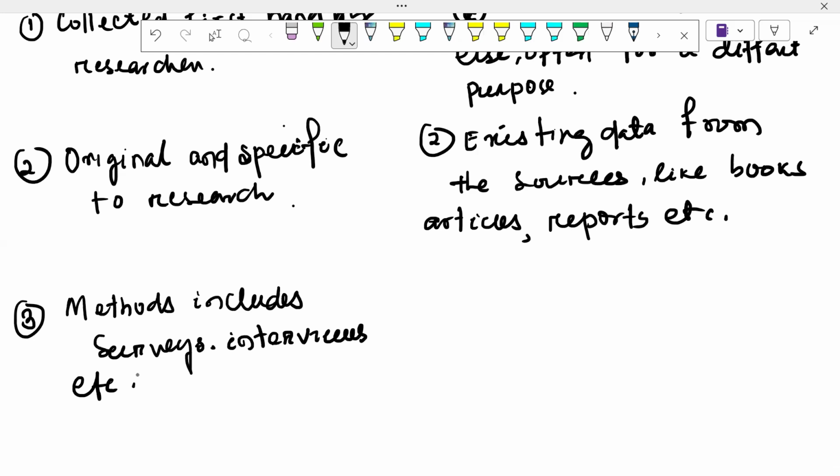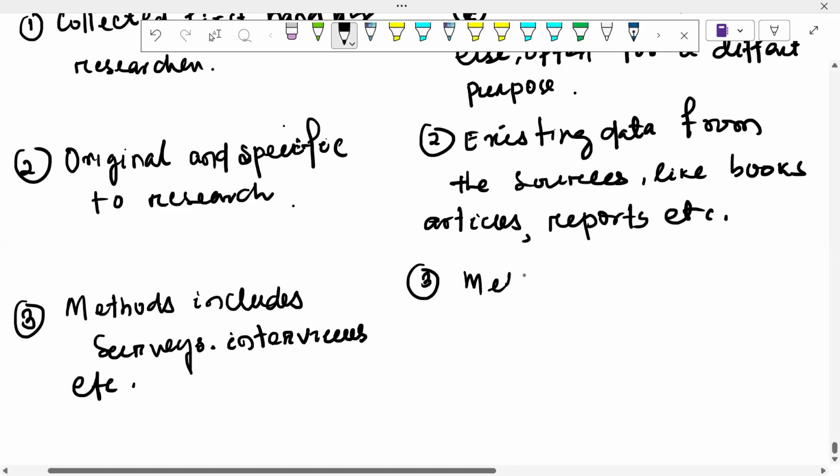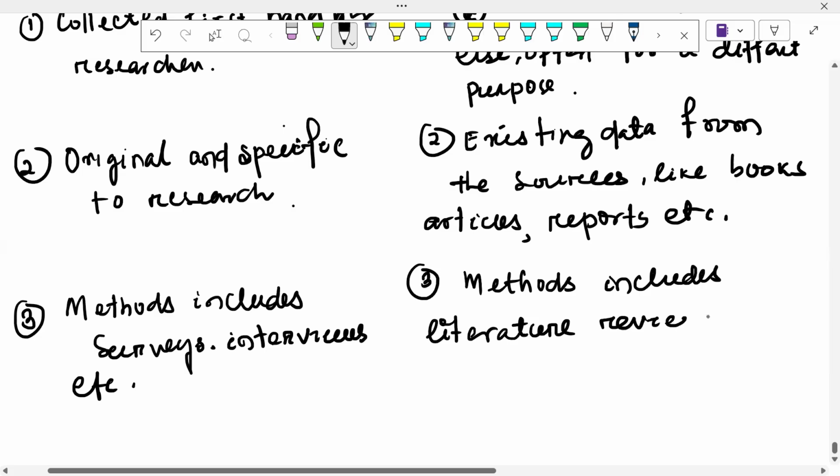Point 3 for secondary data: methods include literature reviews, online research.